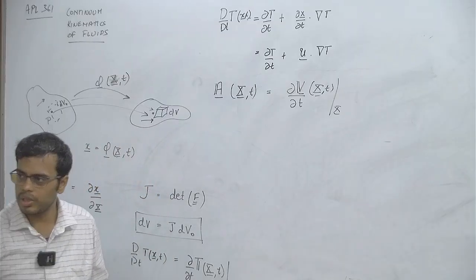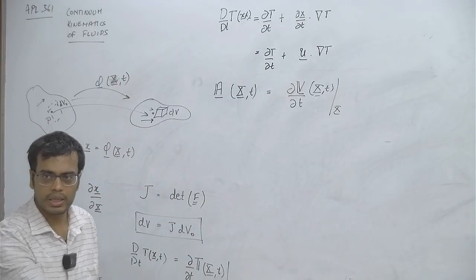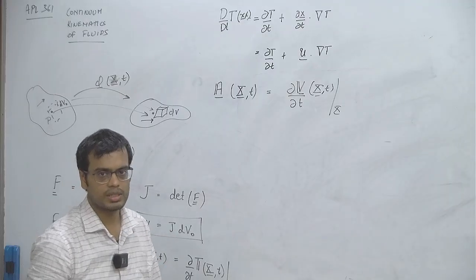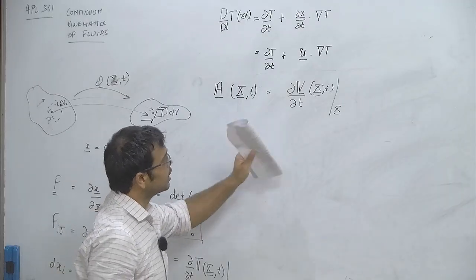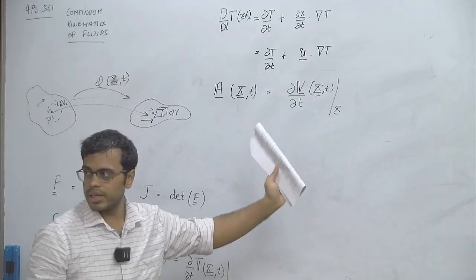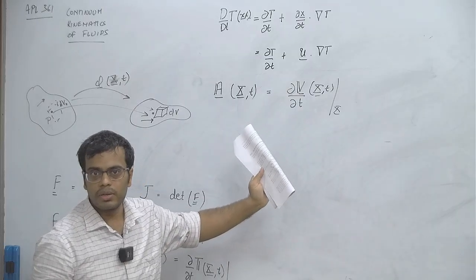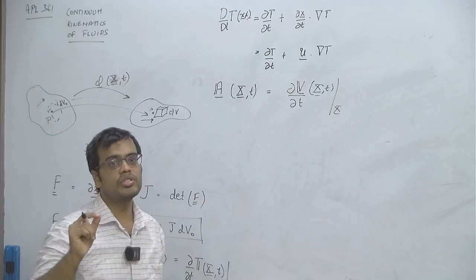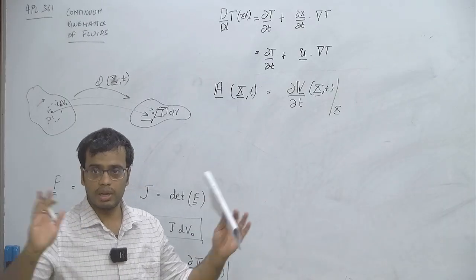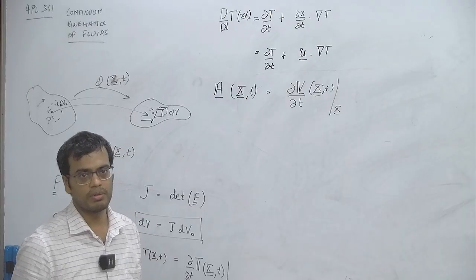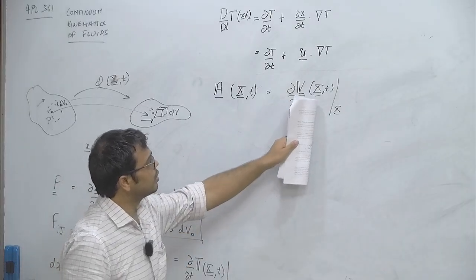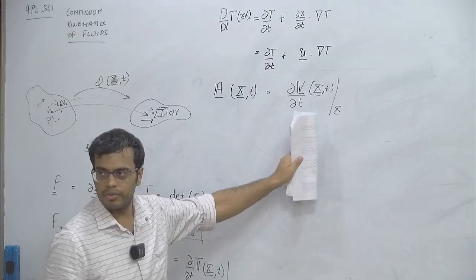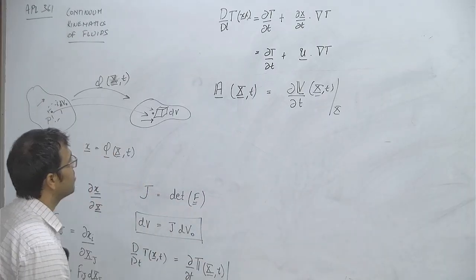Okay, so this is something that you guys should be familiar with. It's a particle that is moving, you're just differentiating its velocity in time to get the acceleration. The only complicated notation here that it is trying to reinforce is that you are differentiating the positions of the same particle, because now you have a collection of particles which may be moving with different velocities. So you're trying to enforce the fact that you're differentiating the position of the same particle.